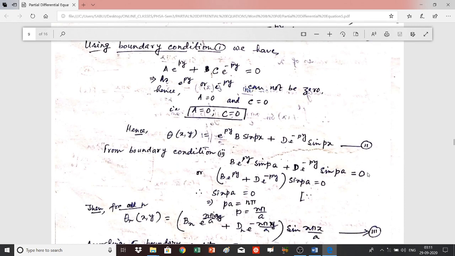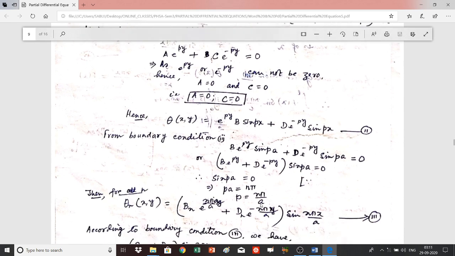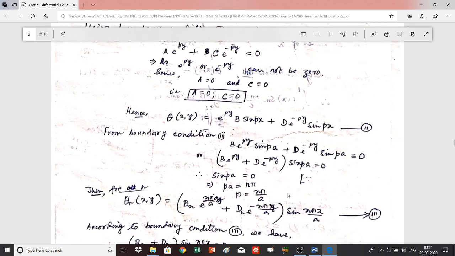Using x equal to a in this relation, b e to the power py sin pa plus d e to the minus py sin pa is equal to 0. So sin pa is equal to 0, or pa is equal to n pi, and from here p is equal to n pi by a, where n is equal to 1, 2, 3, etc.